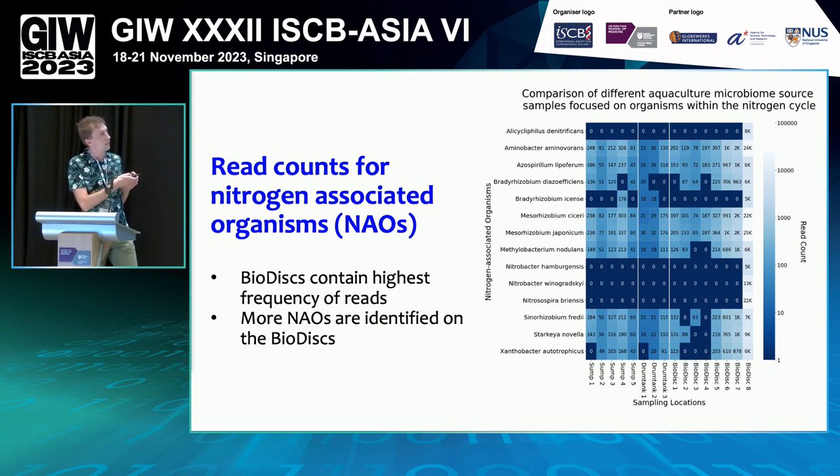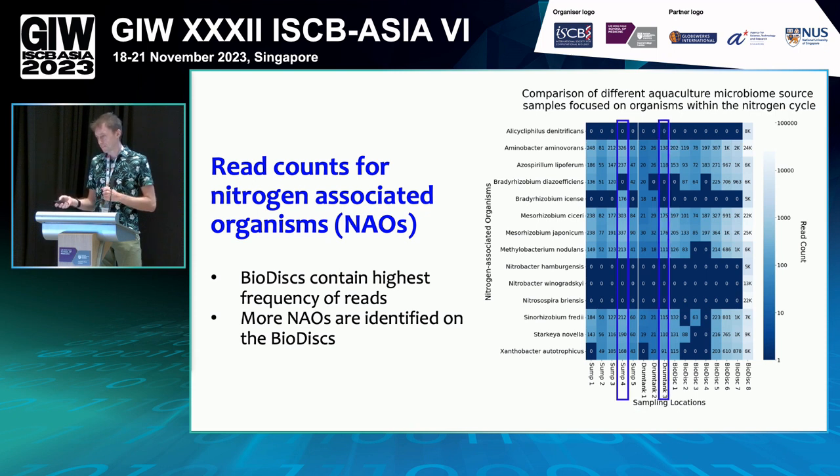You can also see that the drum tank appears to be the most poor in terms of having these species present, which is interesting because they're relatively physically quite close to each other, but they don't provide that same niche that the biodiscs do.